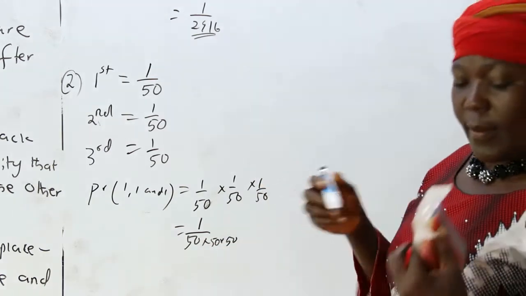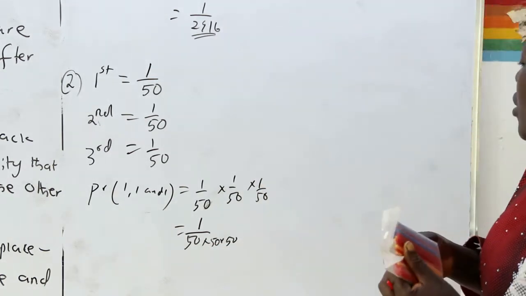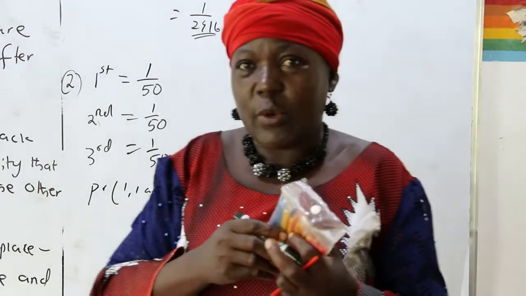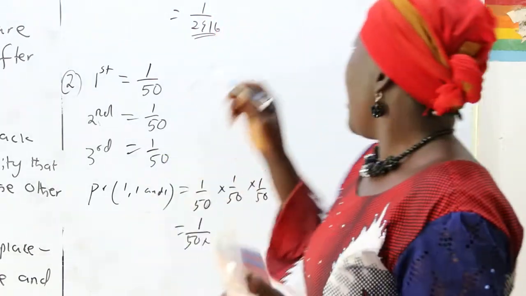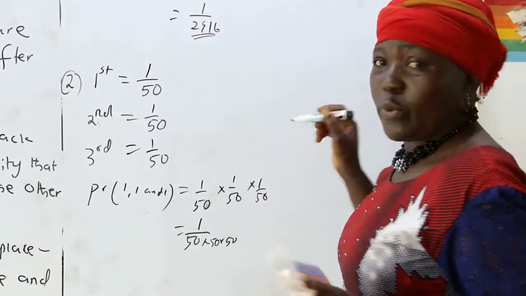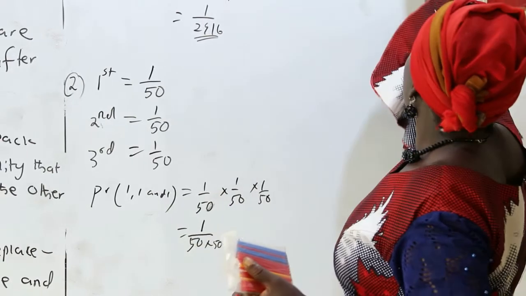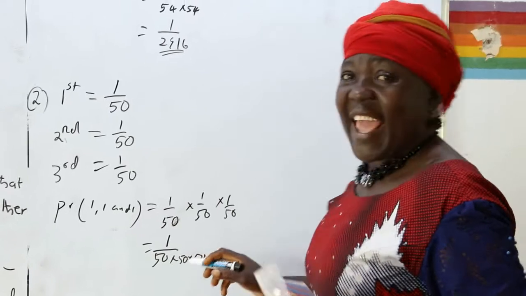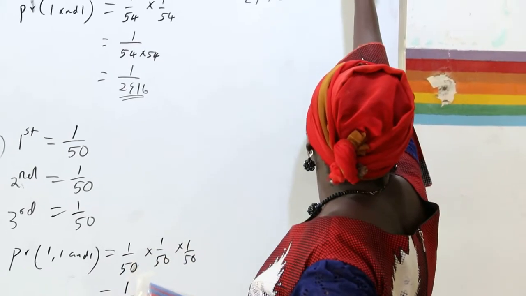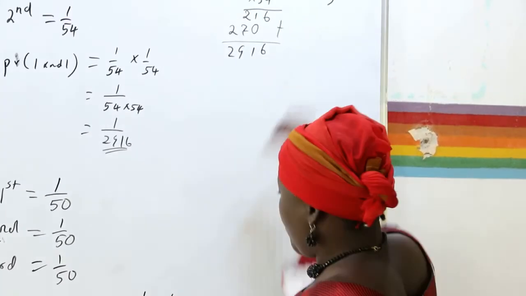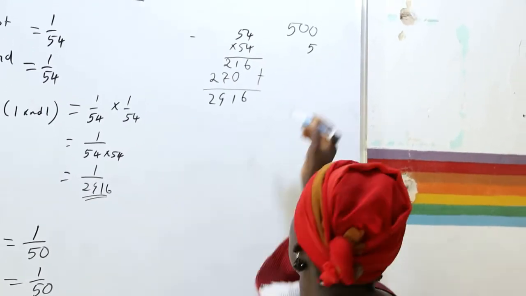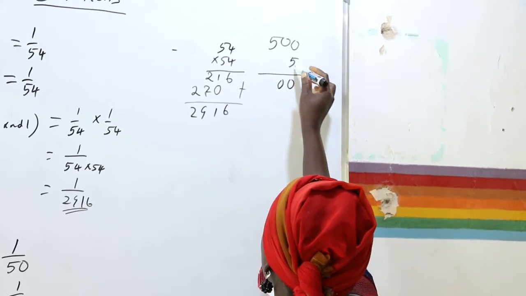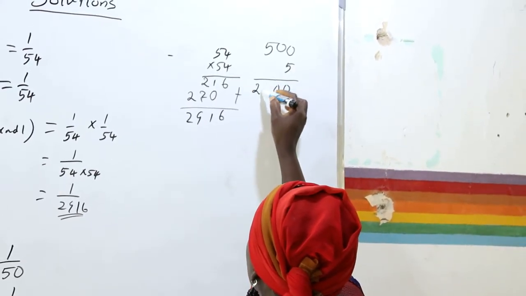The same traditional multiplication in our primary school, I know they taught you. When you have numbers with zeros, there's a simple way it can help you to do it. If you have 50 multiplied by another number that ends with 0, just add the 0 to it like this. Then you multiply by 5. So the first 50 times 50, we have 0, 0, 5 times 5, we have 25.